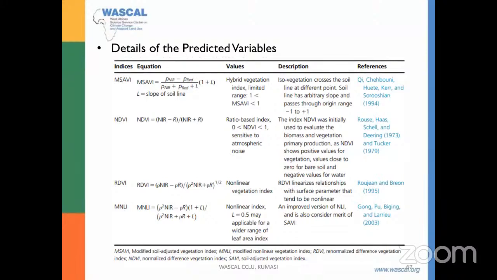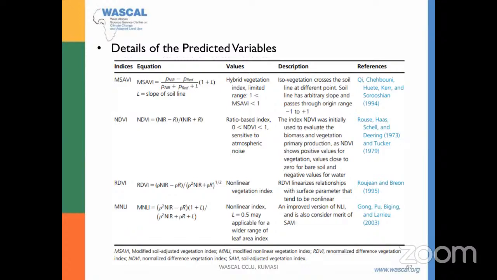These indexes are ratios of the bands sourced from the satellite missions that we talked about. The hyperspectral and multispectral sensors have several bands that are recorded, and each band stores information for a particular wavelength, ranging from the visible to near infrared and shortwave infrared. So these band ratios can be performed on them.